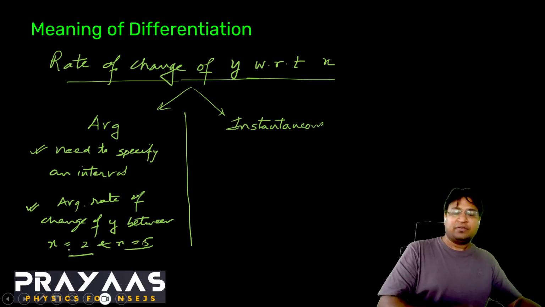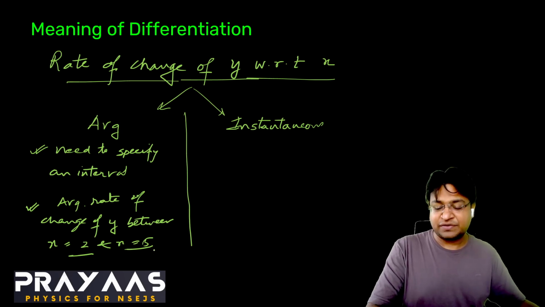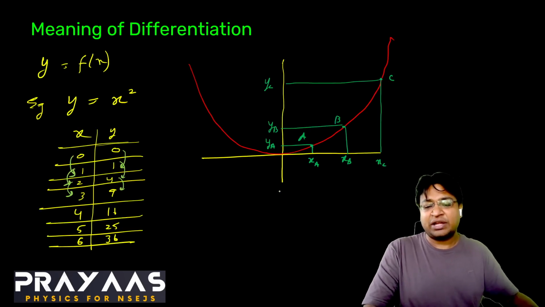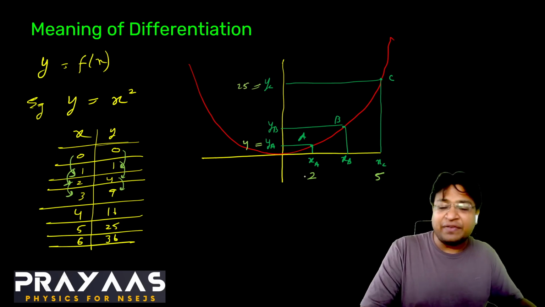I specified that x changes from 2 to 5. This is called the average rate of change. If I choose this as 2 and this as 5, correspondingly ya will become 4, and yc will become 25.